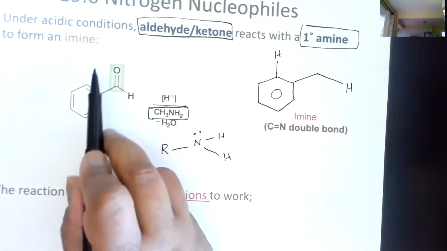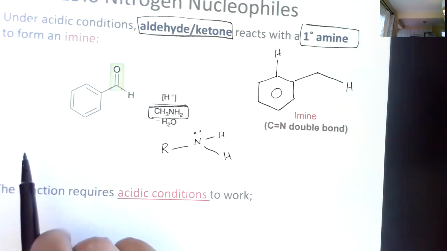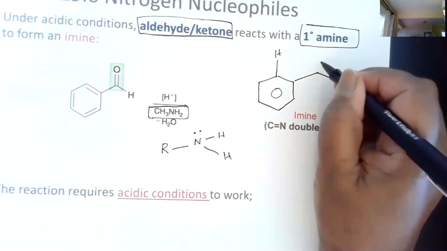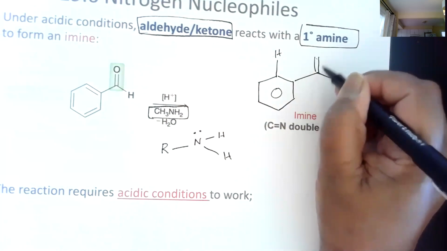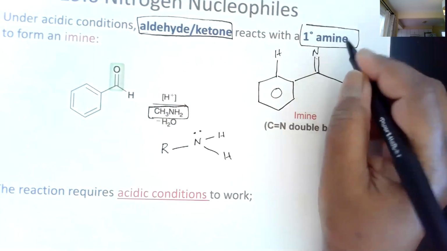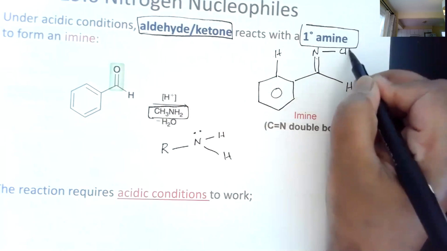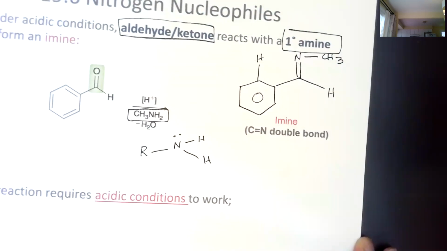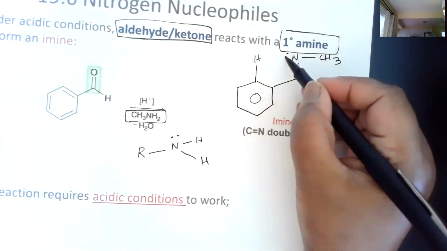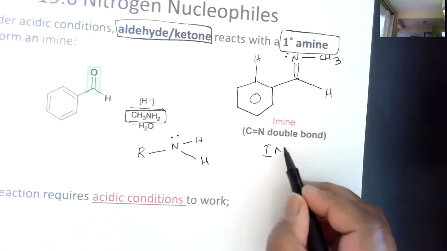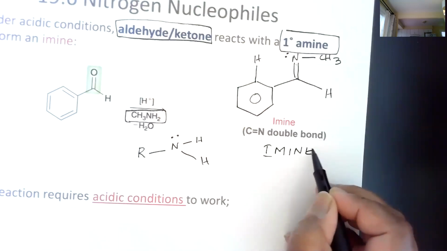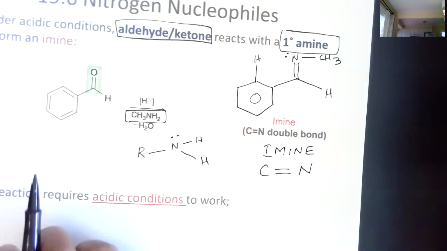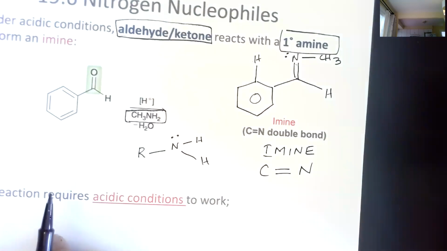What happens here? Now here the reaction is only with one molecule. You need to remember that. This is an imine. And you have a carbon nitrogen double bond instead of a carbon oxygen double bond.